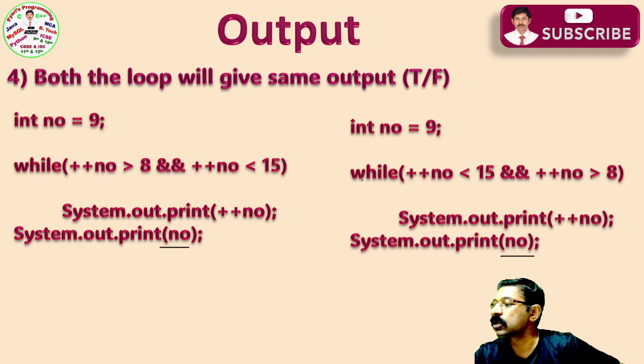Next, Subhramsu. First output is 121517. Now Swagat and Subhramsu, can you see your answers are different? But both are saying it is false. 121516. Swagat and Subhramsu, look at this. Both of you have given an answer, but both answers are different and both are saying it is false.